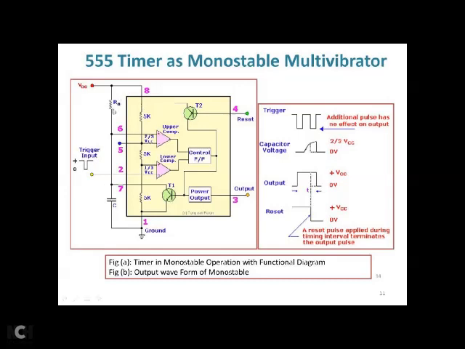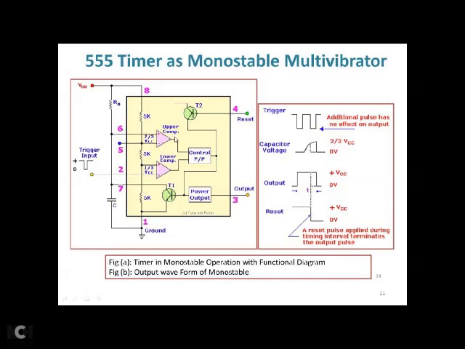So this process continues, but at some point of time, as we have one more comparator, the upper comparator, one terminal of which is 2 VCC by 3, whenever the capacitor reaches a value of 2 VCC by 3 or just about 2 VCC by 3, this comparator will produce a high output voltage.